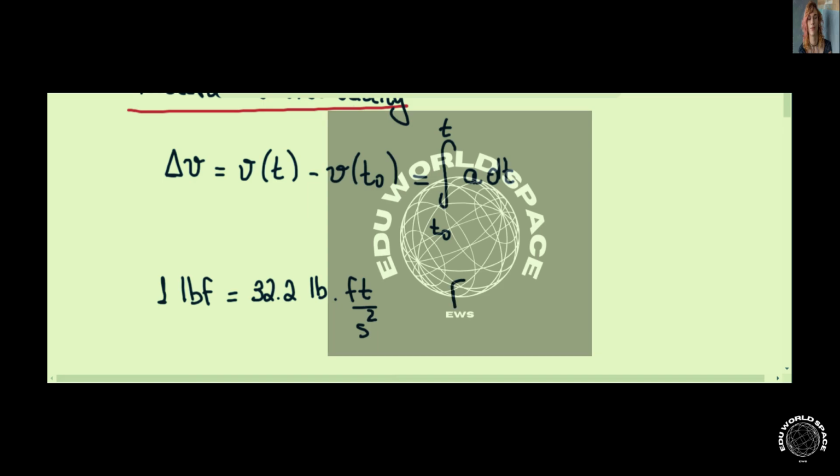So in reality, F is equal to 3,220 pound times feet per second cubed times t. This is the expression of the force.